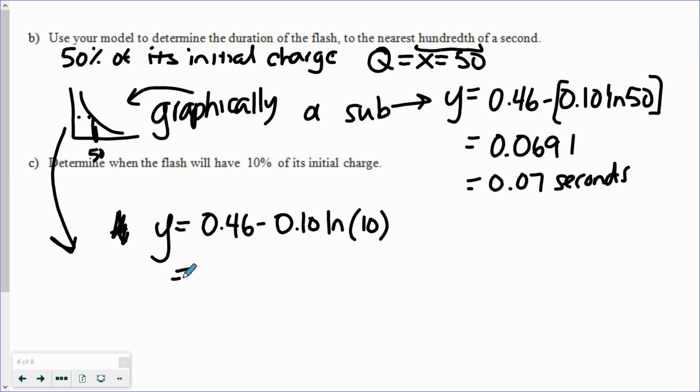It's asking when will the flash have 10% of its initial charge? That is 0.23 seconds. So make sure you're punching stuff in your calculator as well.